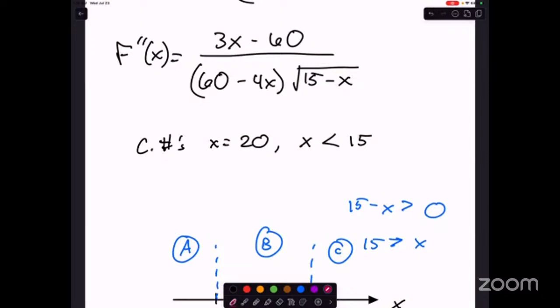We set that to 0. 60 divided by 4 is 15. I'm not getting a critical number less than 15.